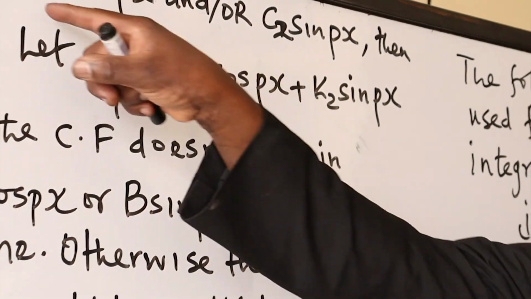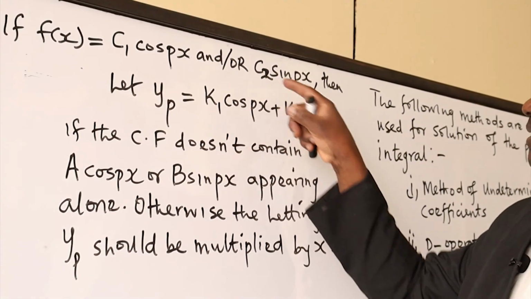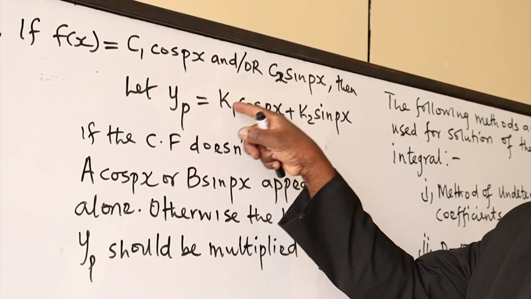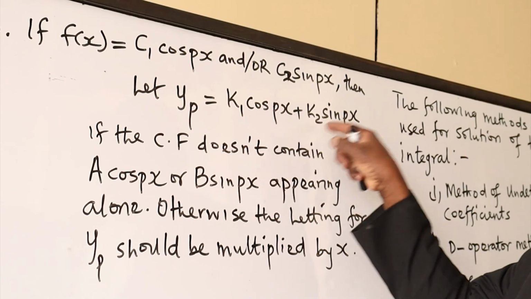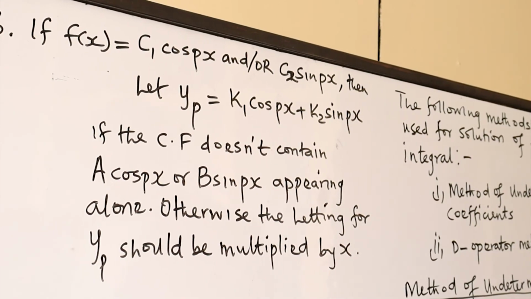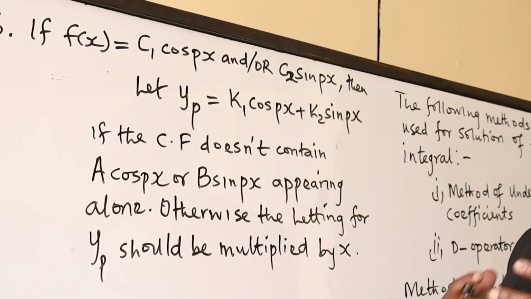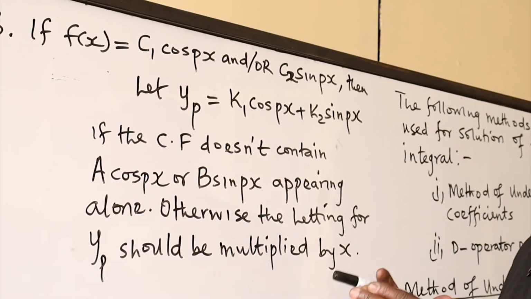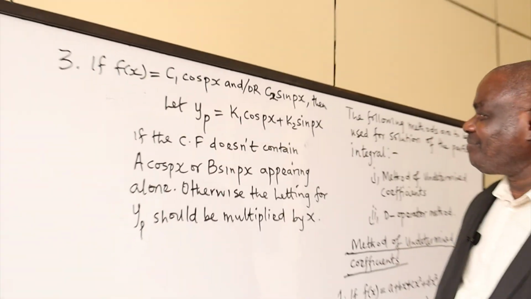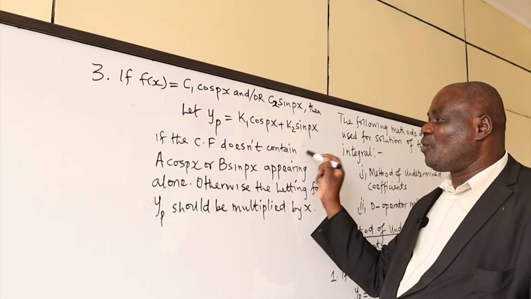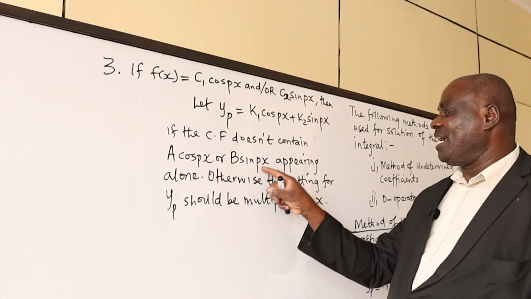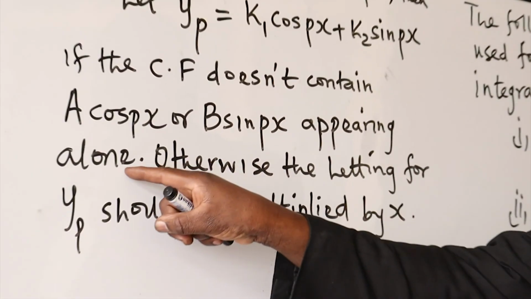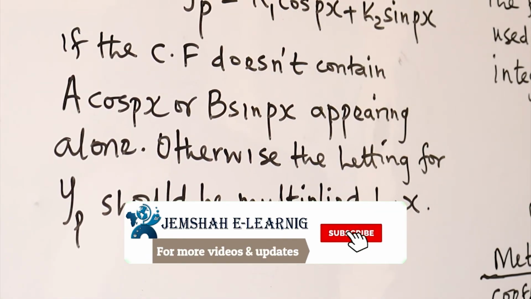What changes? We don't include the c1, and we don't include c2 if there is one; we only include k1 and k2. We use k1 and k2 as arbitrary constants, not the constants that we have on the right-hand side of the differential equation. If the CF doesn't contain a cos px or b sin px appearing alone, that is when we do that letting.